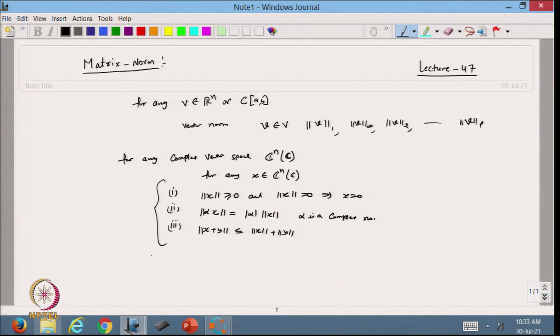Then we also discussed the famous Cauchy-Schwarz inequality.